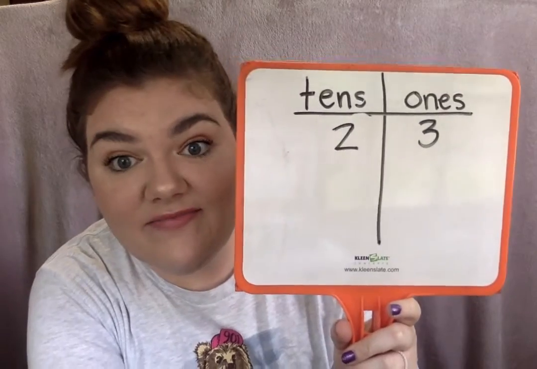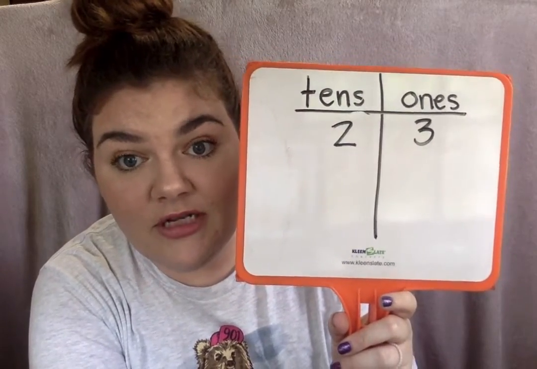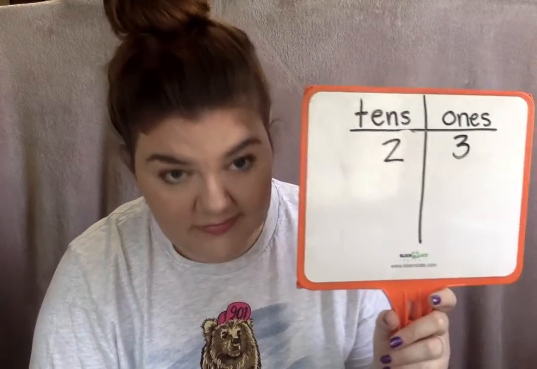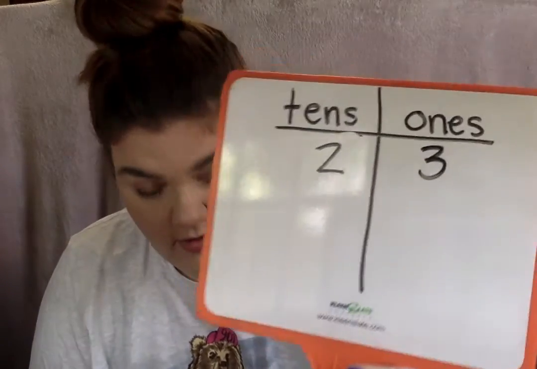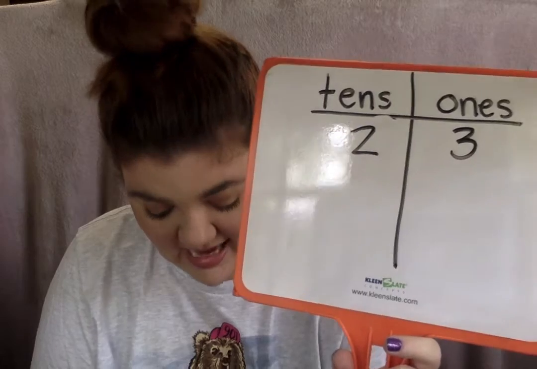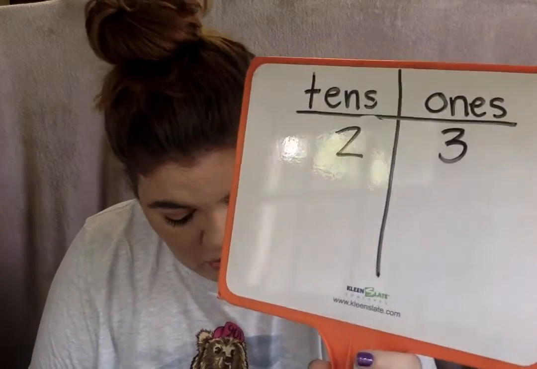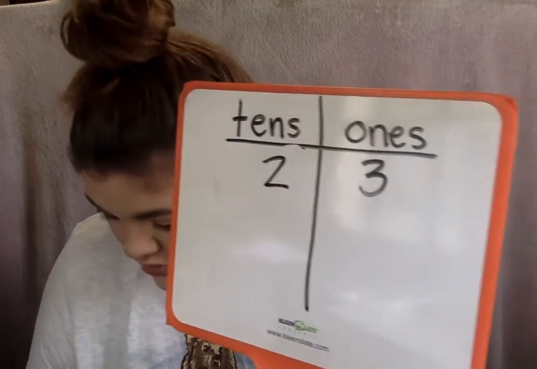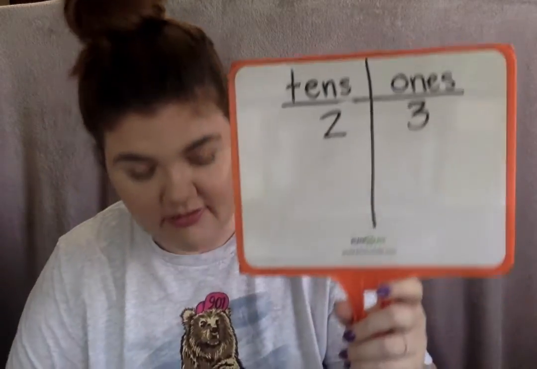How many 10s does 23 have? 2. And how many 1s does 23 have? It has 3. Yep.